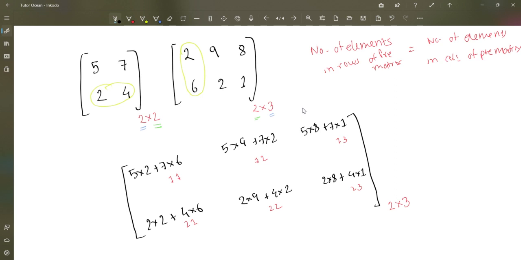You can always see, whenever I select a pair of rows and columns, I always multiply first element with first element, second element with second element. As we have a third element, we didn't need to discuss it, but you can understand what will happen. Anyways, let's write our result.